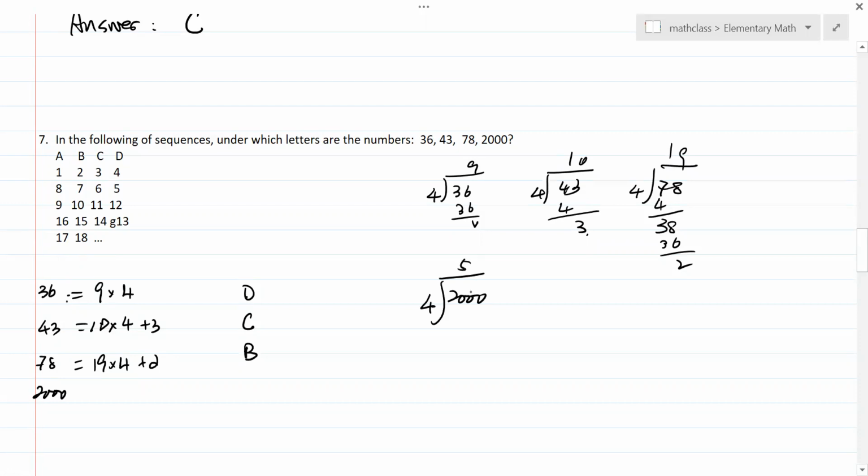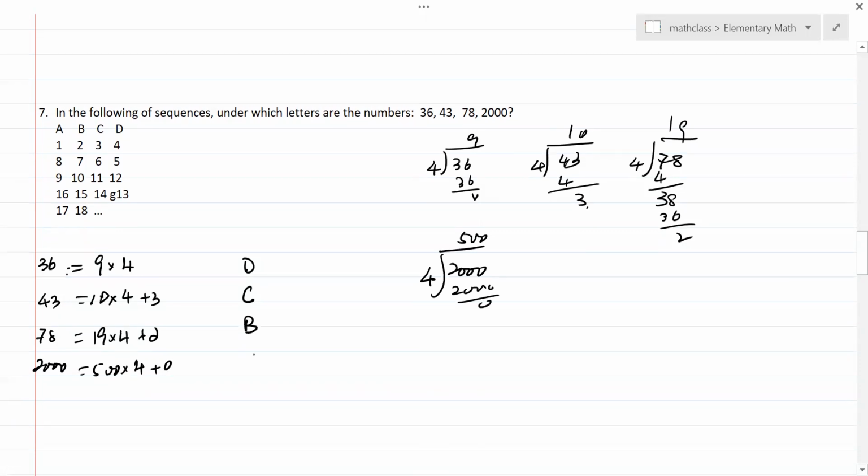It's 500 times 4 plus 0, which means it is D again, because the last row is a complete row. So D, C, B, D. Great.